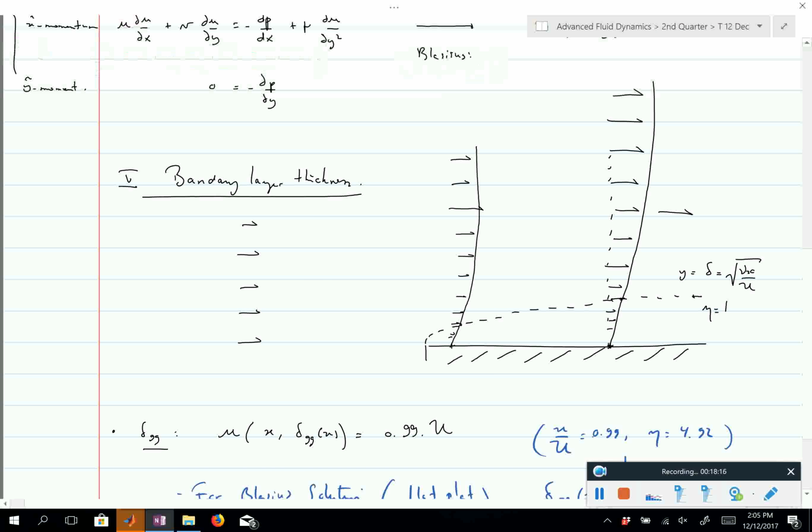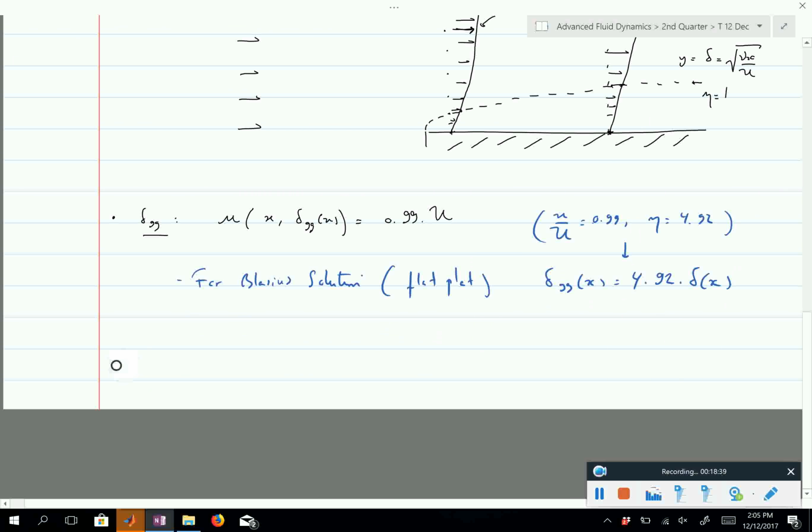So let's take this point here, this is 1, 2, 3, 4, 4.92, let's say it's here. So for the Blasius solution, this velocity here would be 0.99 times the velocity outside. Yeah? So this is the definition of the delta 99 boundary layer thickness.